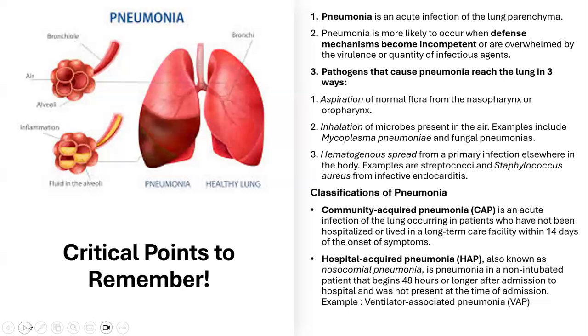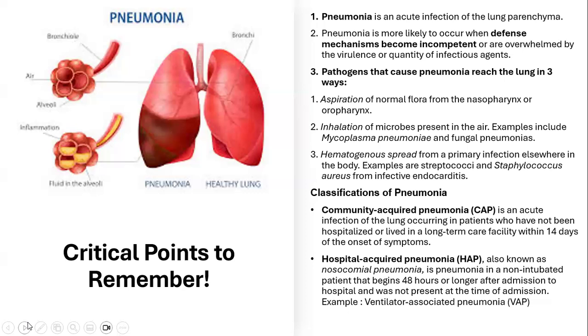Third, the pathogens that can cause pneumonia reach the lung in three ways: aspiration of normal flora from nasopharynx or oropharynx, inhalation of microbes present in the air, and the last one, hematogenous spread from a primary infection elsewhere in the patient's body.